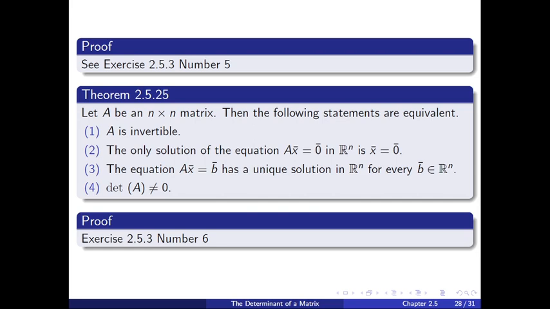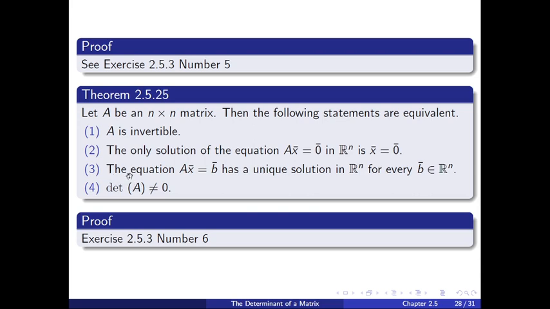So if we collect the results that we have now, we have theorem 2.5.25, and it says let A be an n by n matrix, then the following statements are equivalent. Number 1, A is invertible. Number 2, the only solution of the equation Ax equal to the 0 vector in Rn is x equal to the 0 vector.